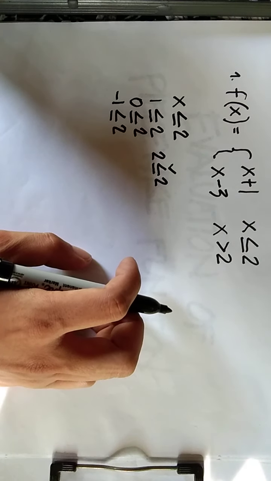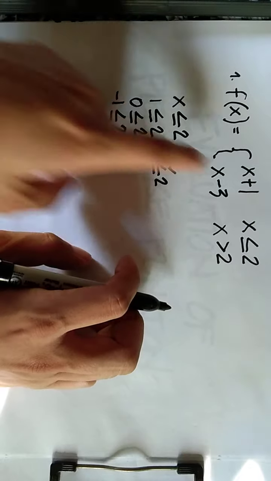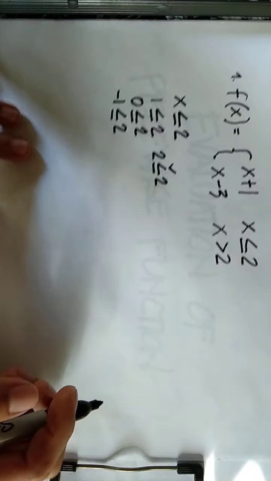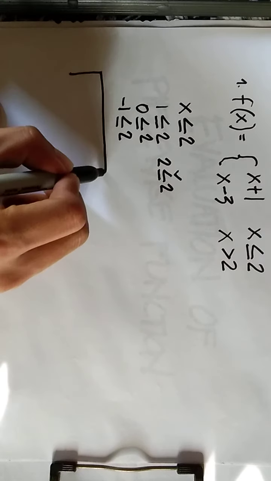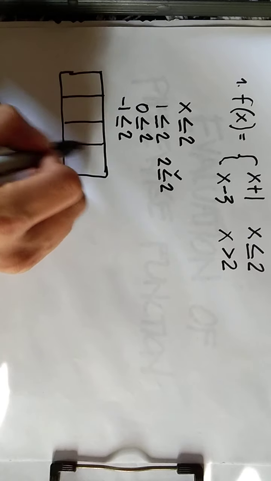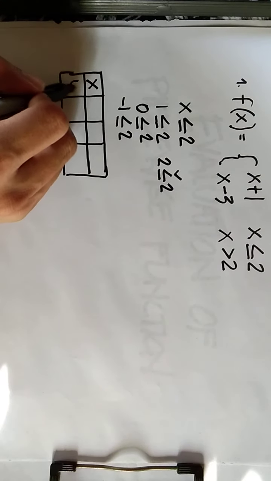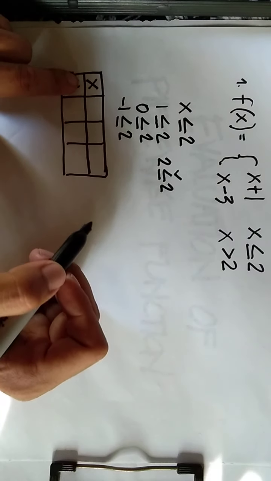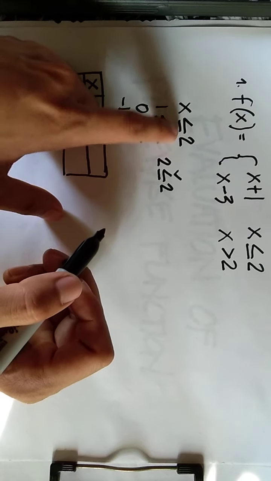So, ito yung mga values na kung saan pwede nating i-substitute doon sa ating given function, which is x plus 1. So, gawa tayo ng table. Wherein we have our x and we have our y. So, yung x natin is yung mga values na mas maliit or equal sa 2.